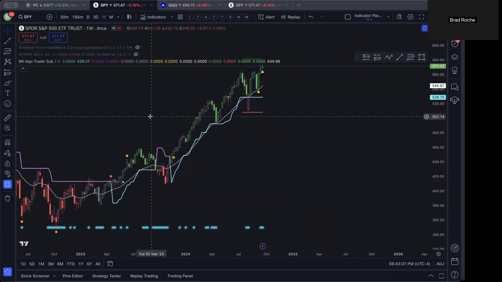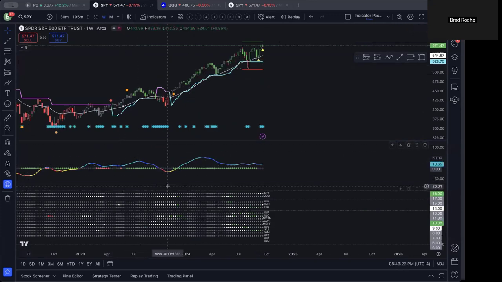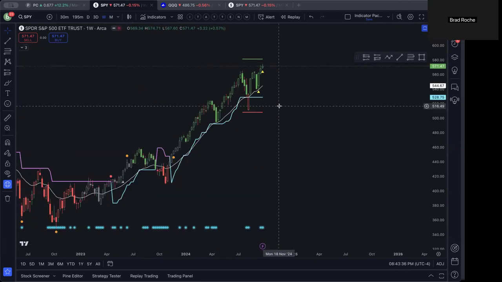This is what you're going to be using. So that's the subscription versus the lifetime package that includes the bull and bear score, the anchored VWAP, moving averages, the custom stop loss indicator, the custom squeeze, this multi-stock squeeze indicator. I haven't come up with a good name for that yet. So that's everything.